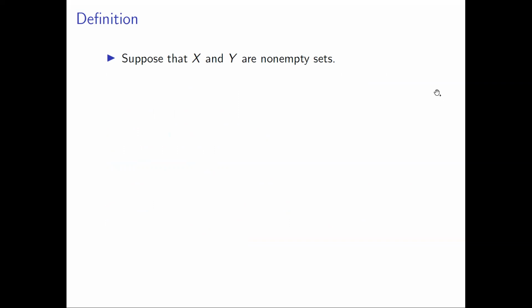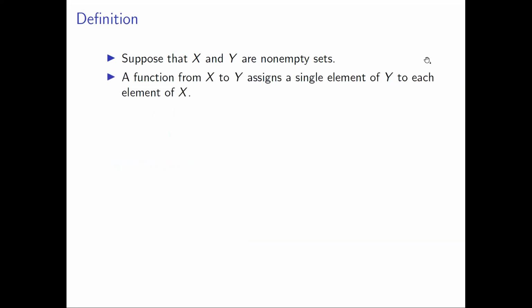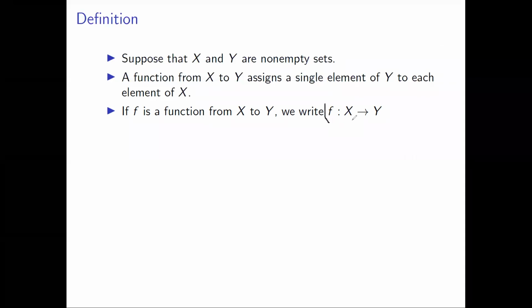Suppose that X and Y are non-empty sets. And we define a function from X to Y. This is just some map which assigns a single element of Y to each element of X. If f is a function from X to Y, we write f: X → Y, as so.